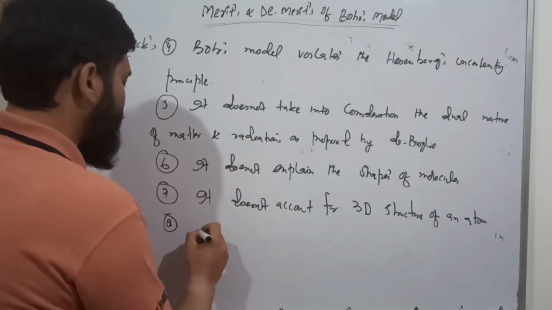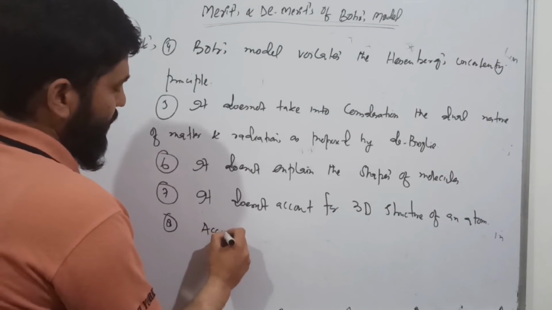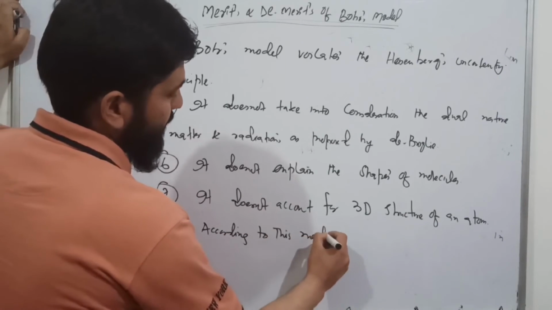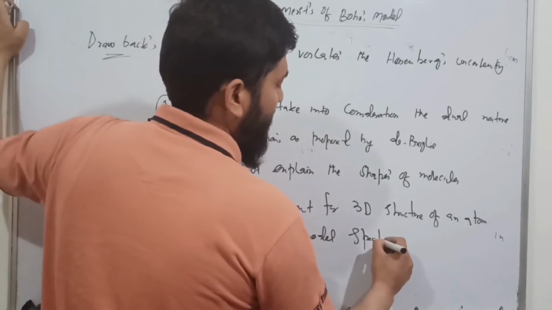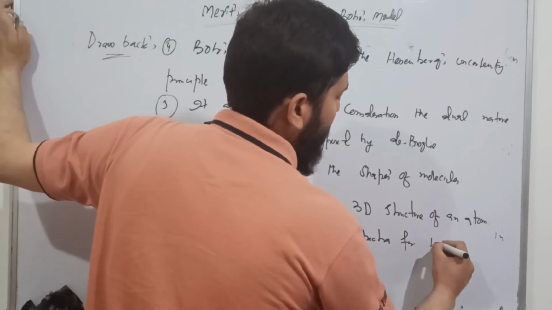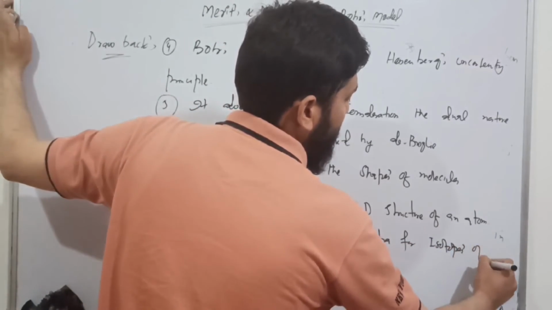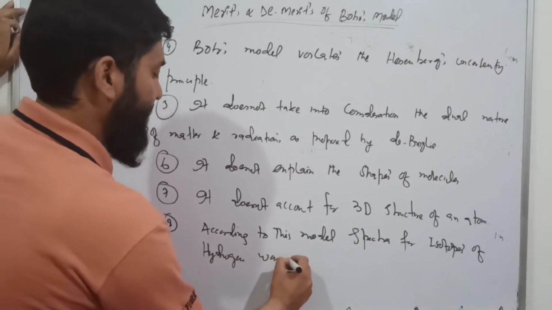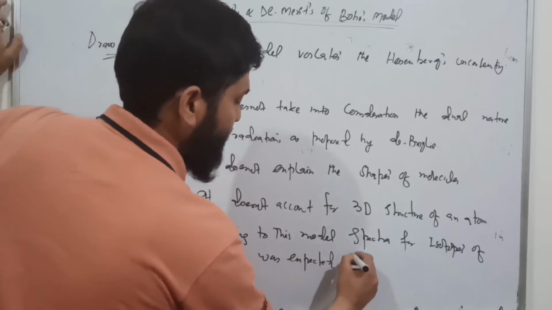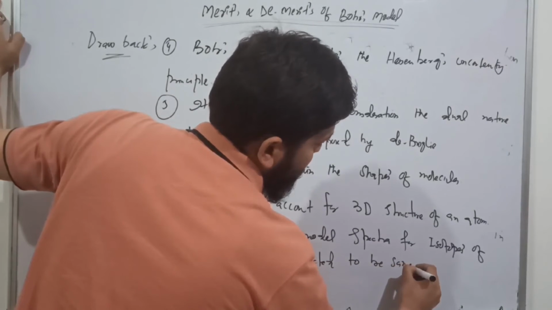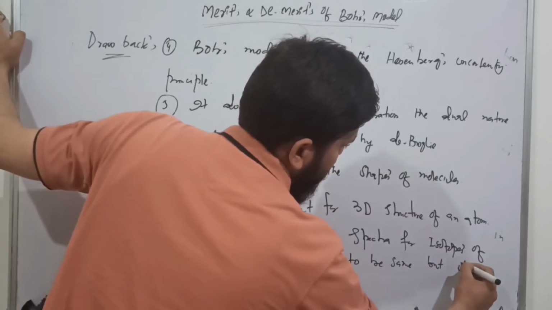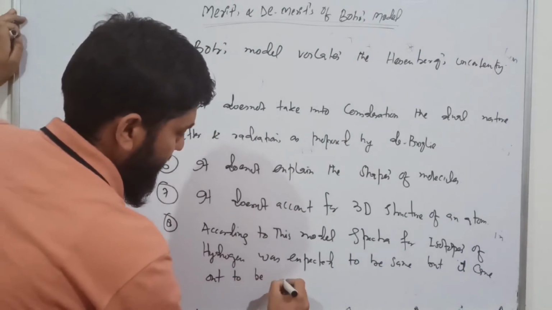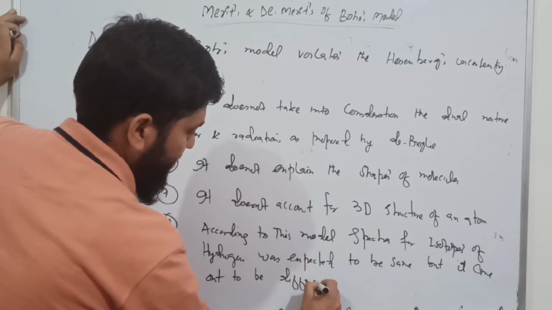तो हम लिखेंगे according to this model, spectra for isotopes of hydrogen was expected to be same, but it came out to be different.